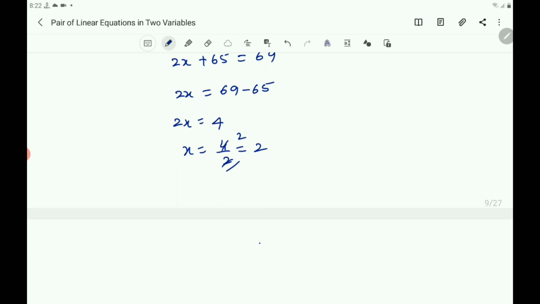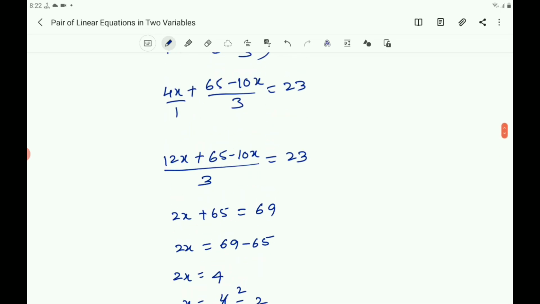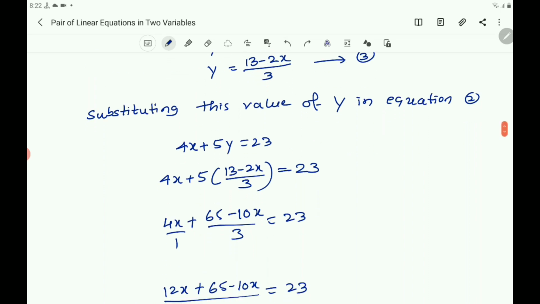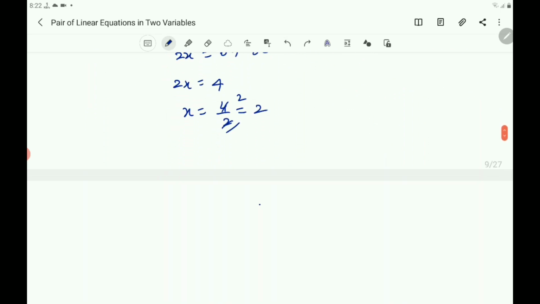And now you substitute this value of x in equation 3, where you have converted y in terms of x.